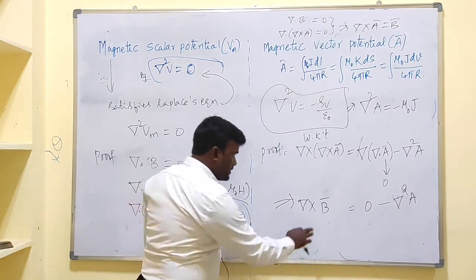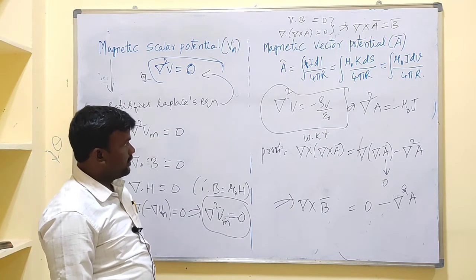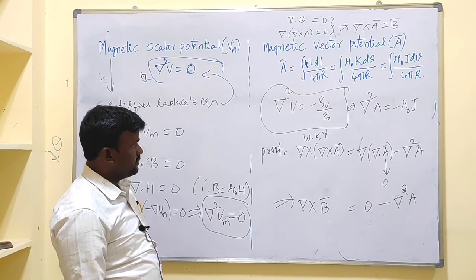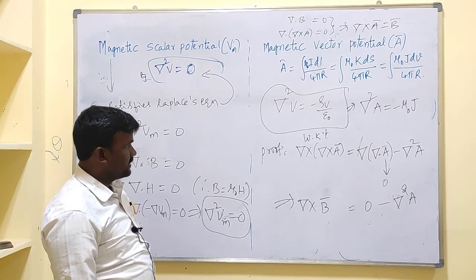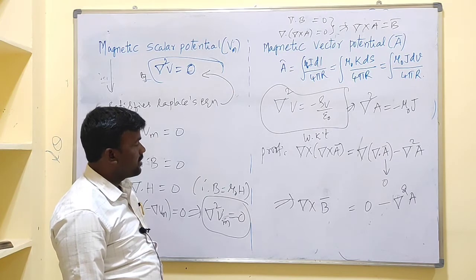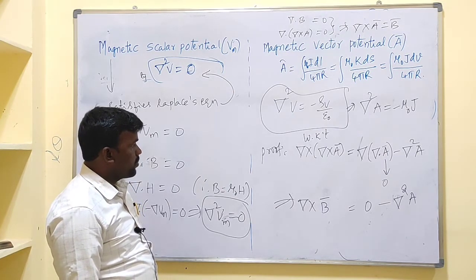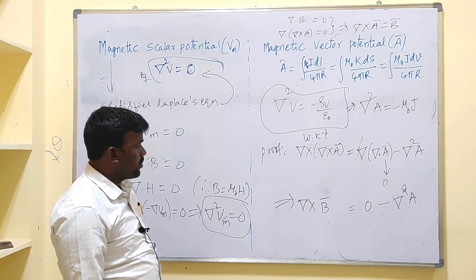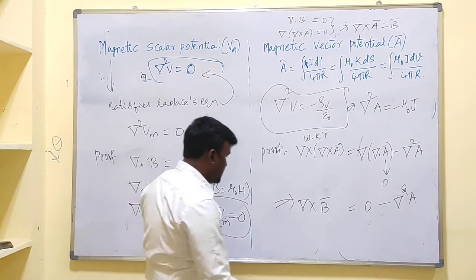Okay. So but B is what? Del cross A is B. Del cross del cross A is del of del dot A minus del square A, that is del cross B. Del cross B can be written as what?